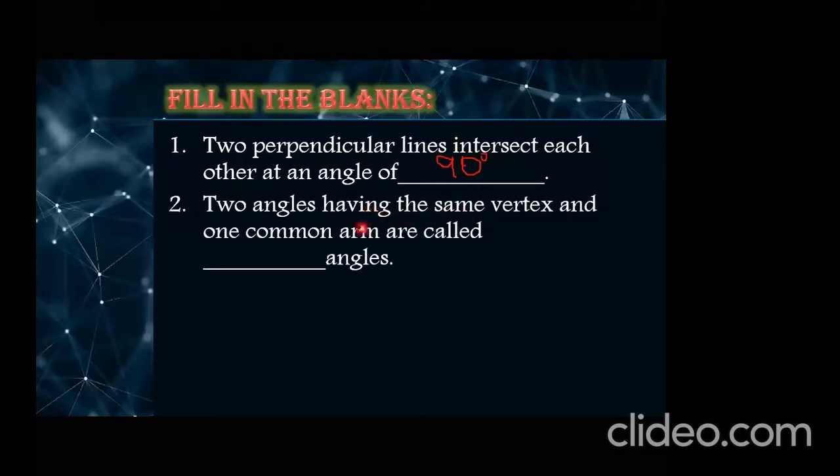Two angles having the same vertex and one common arm are called dash angles. Very good. Adjacent angles.